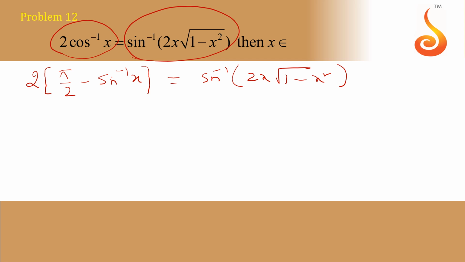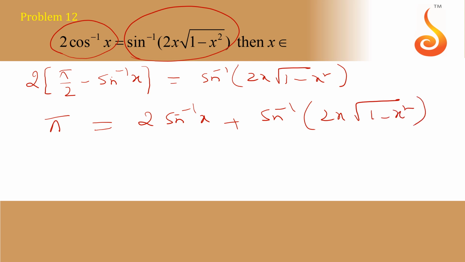2 into pi by 2 is pi, which is equal to 2 sin inverse x plus sin inverse 2x root 1 minus x square.